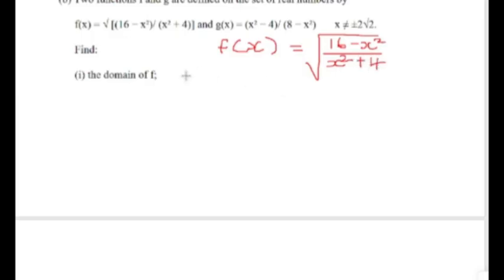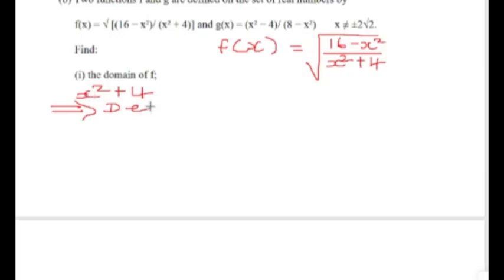Okay, great. Now we have to look at the denominator. First of all, for this to have a solution, the entire expression f(x) must be greater than or equal to 0. So we need to examine it. Let's look at the denominator. Looking at the denominator x squared plus 4, we see that the denominator is always positive because whatever real x is, x squared will always be positive.